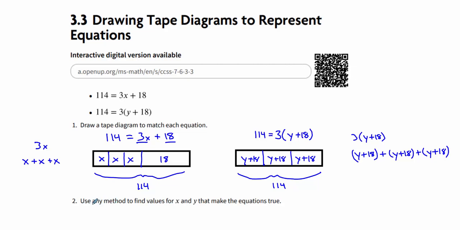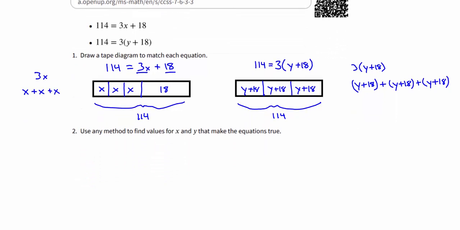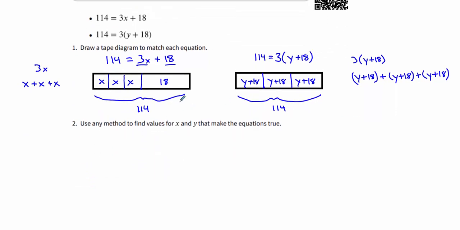Okay, so part number 2 says use any method to find values for x and y that make the equations true. So just like we did yesterday, if I want to find out what x is, the first thing I'm going to do is take 18 from 114.